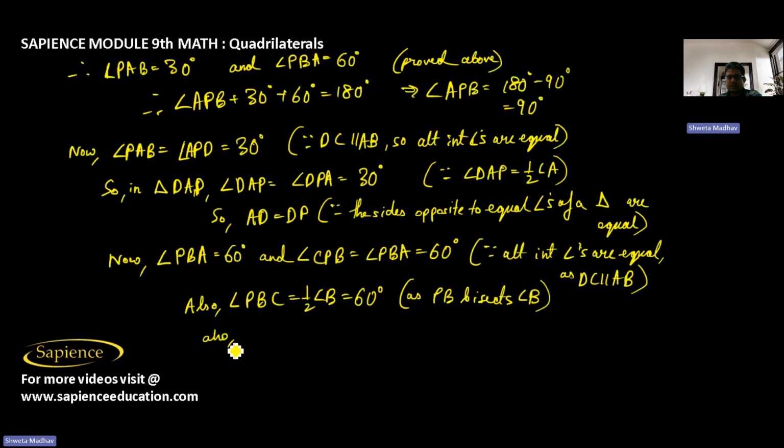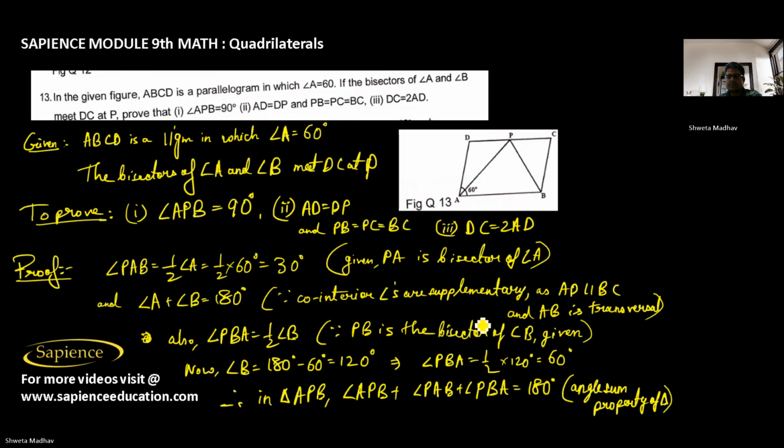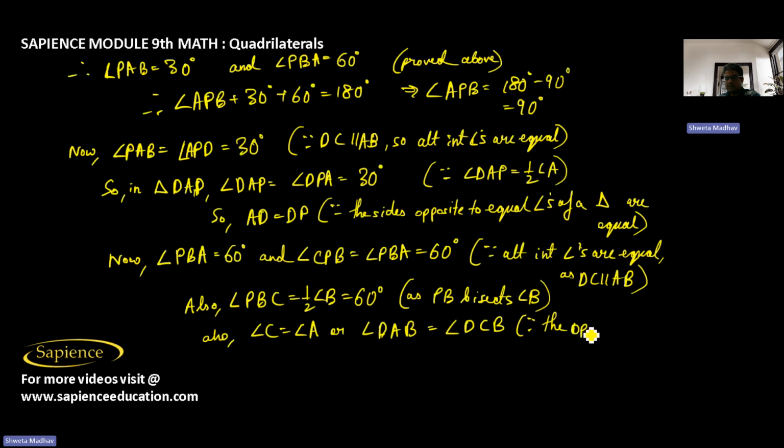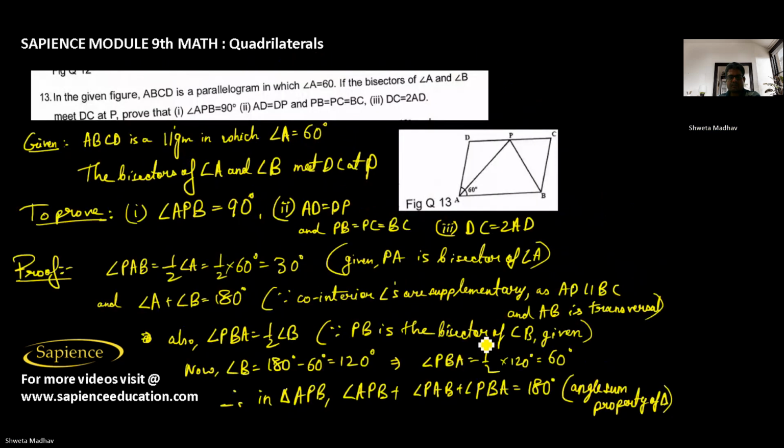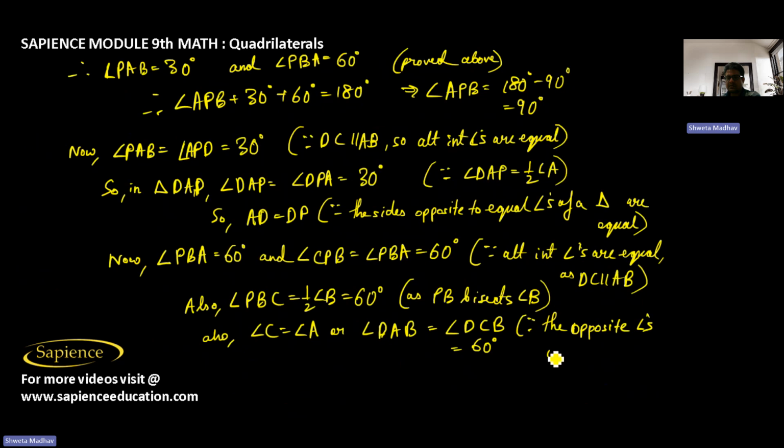Also, angle C equals angle A, or I can say angle DAB equals angle DCB, since the opposite angles in a parallelogram are equal, and DAB is given as 60 degrees.